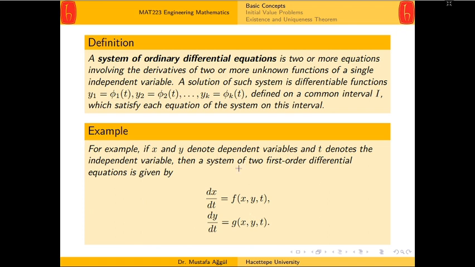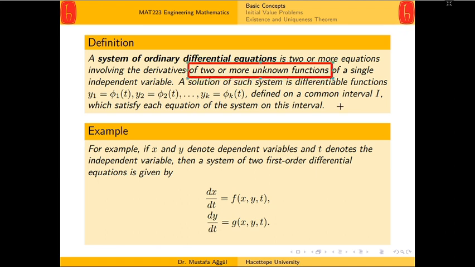Another definition: a system of ordinary differential equations is two or more equations involving the derivatives of two or more unknown functions of a single independent variable. This is the key point here: two or more unknown functions.